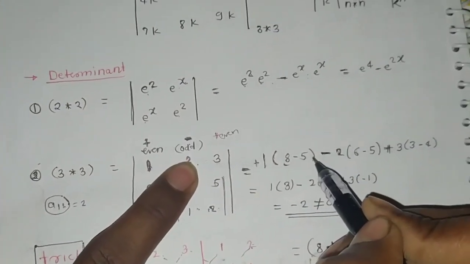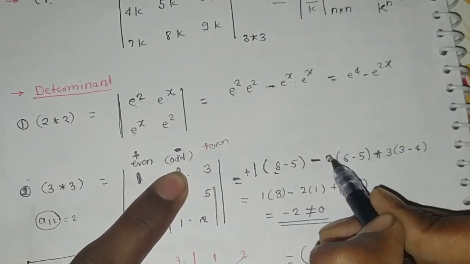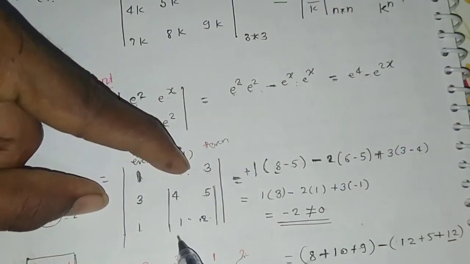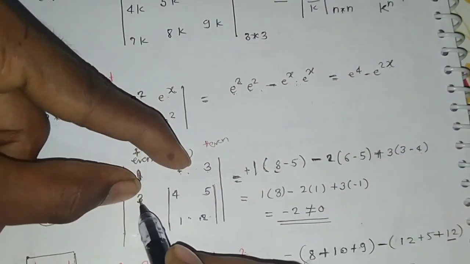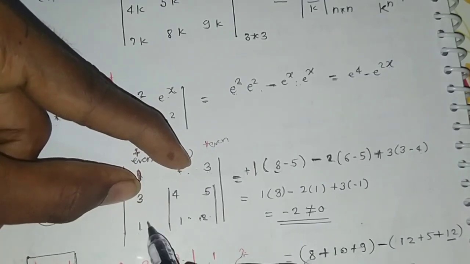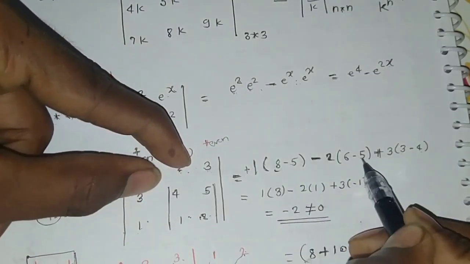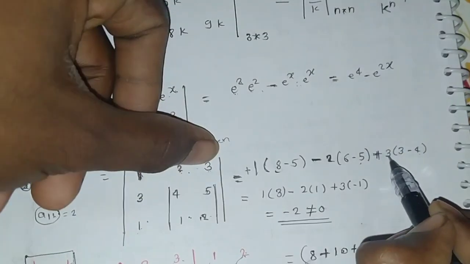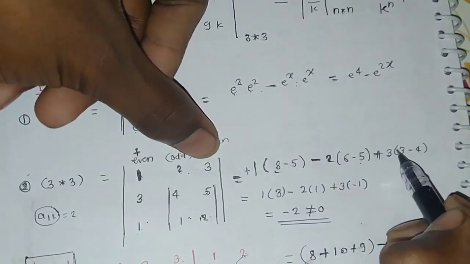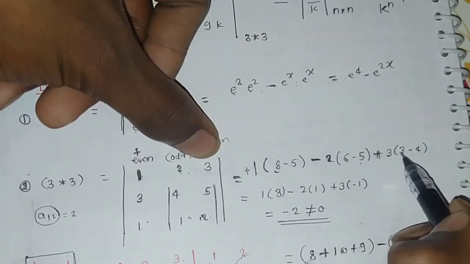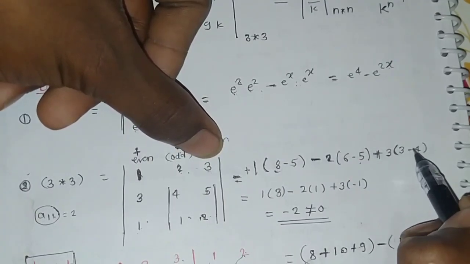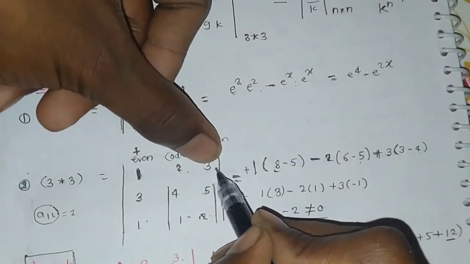Then minus the second element, minus 2. You leave this row and this column, so the elements are 3 into 2 and 5 into 1: 3 into 2 is 6 minus 5. Plus the last element 3, bracket 3 minus 4.